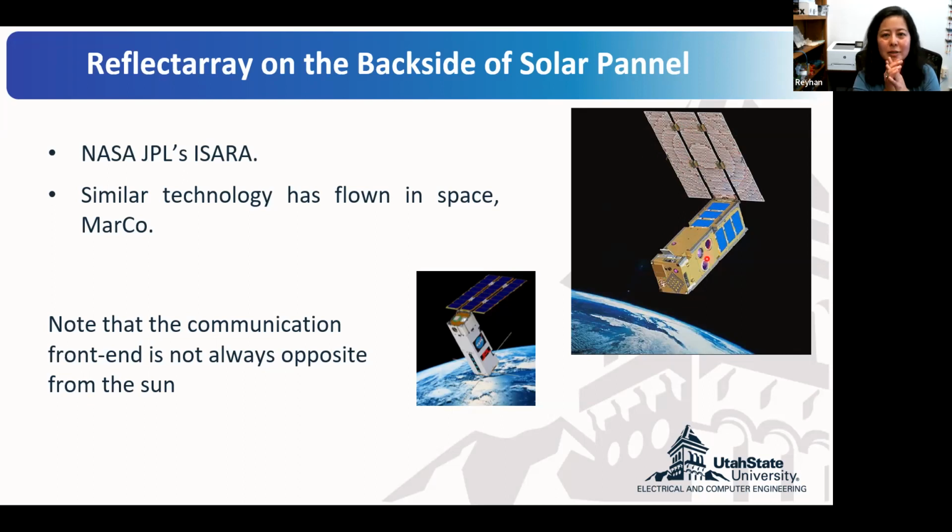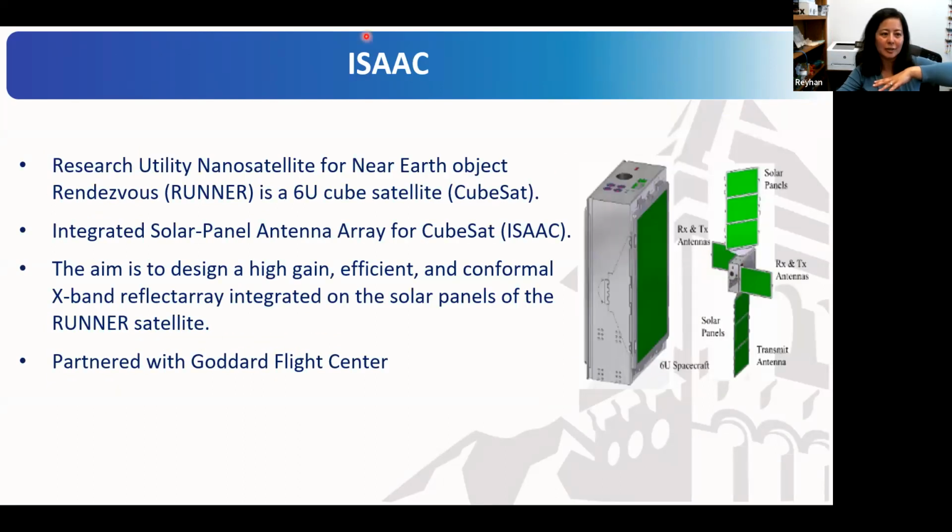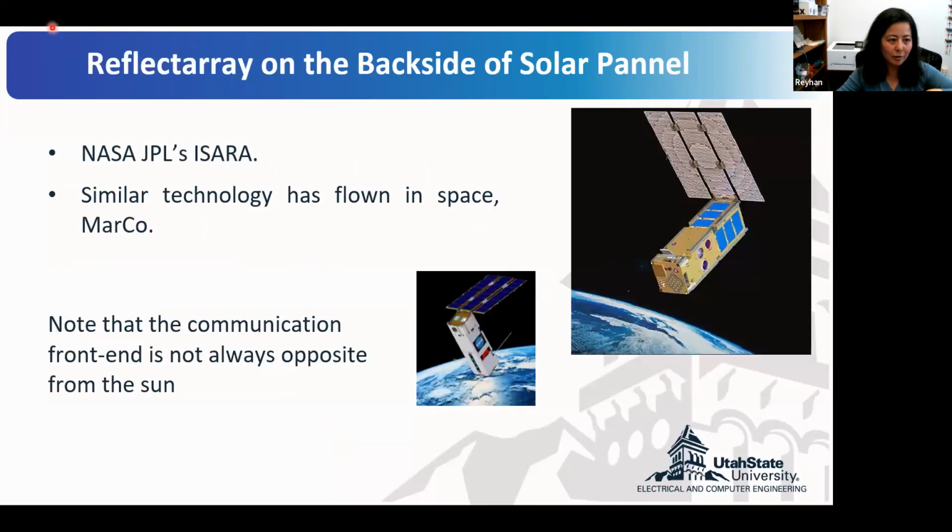So question we ask is, hey, what if the sun and the communication end is on the same direction? That's possible, right? For example, if you want to have a low Earth orbit CubeSat talking to TDRS satellite, then sun and the communication link is at the same direction. In that case, we can't put this on top of solar panel because it will be blocking the solar panel.